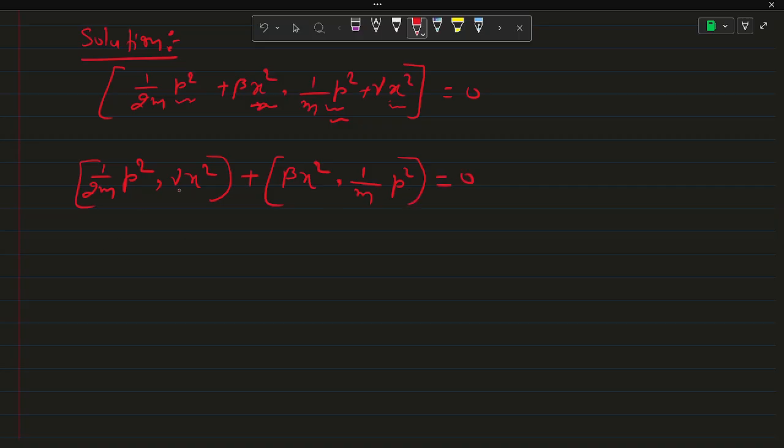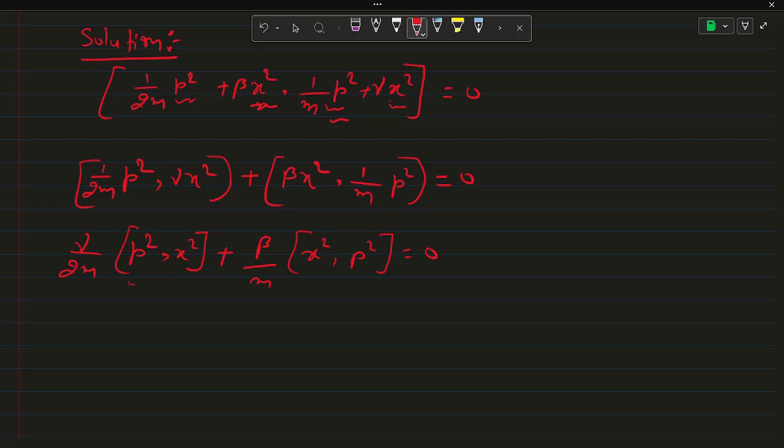These are constant terms, so we can take them outside: gamma by twice m, commutator of p square and x square, plus beta by m, commutator of x square and p square, is equal to 0.